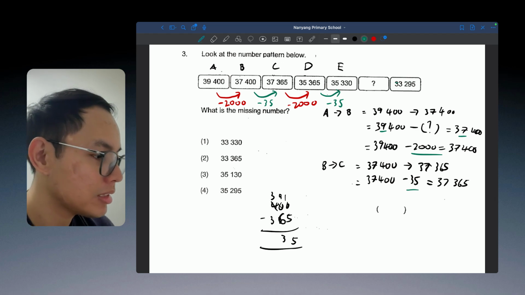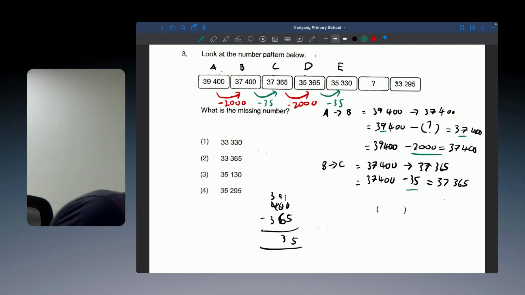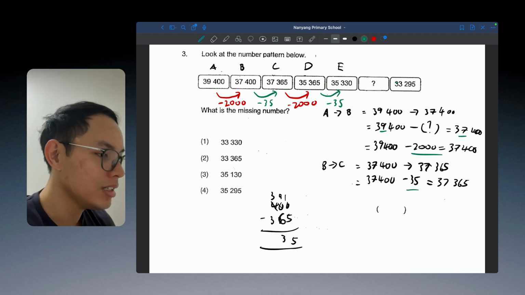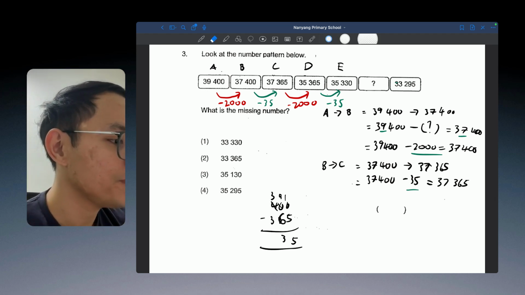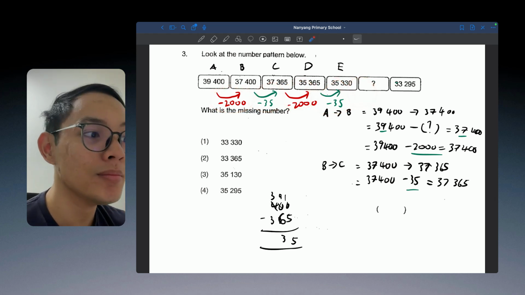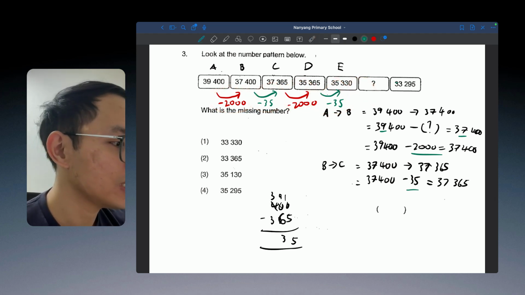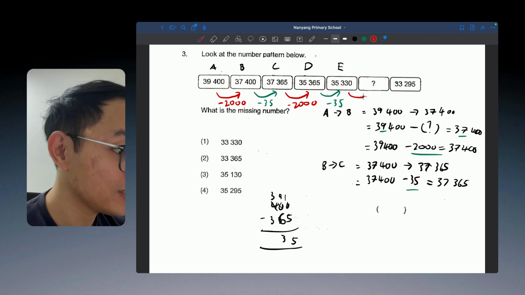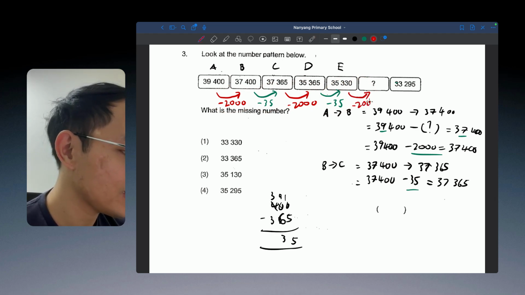Then what do you think is the missing number as what you see over here? Okay, so you see the pattern, minus 2000 minus 35, minus 2000 minus 35. So what's the next pattern? If you see the next pattern is minus 2000, you are right.